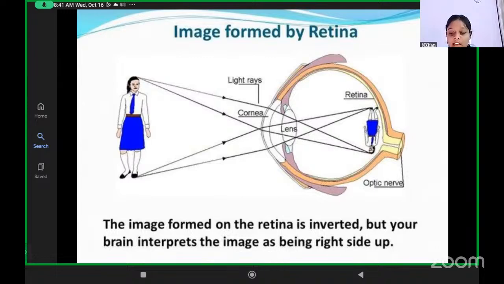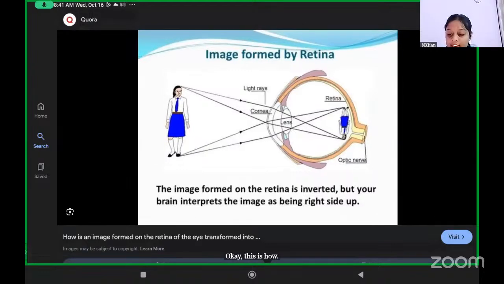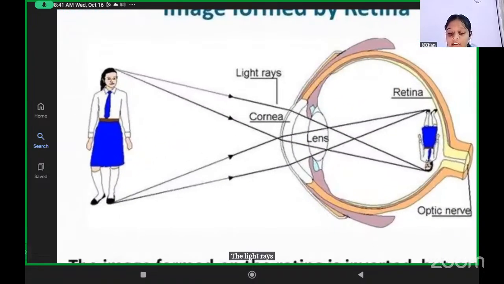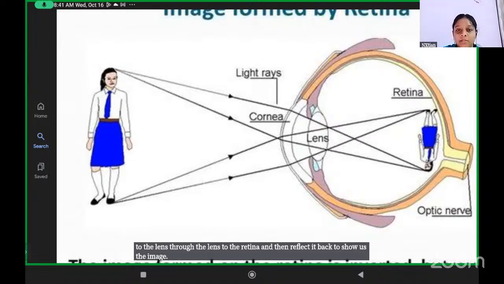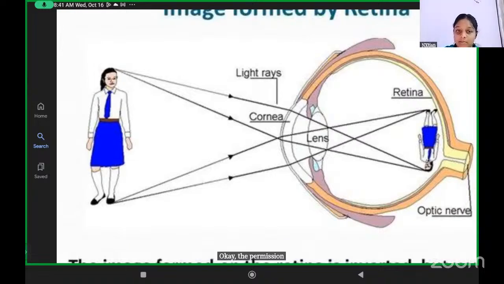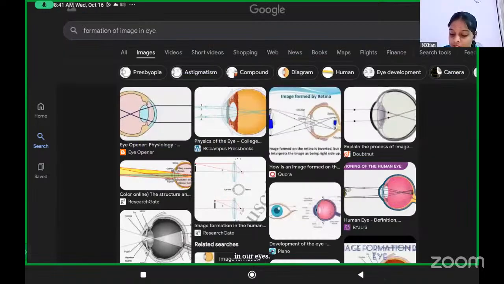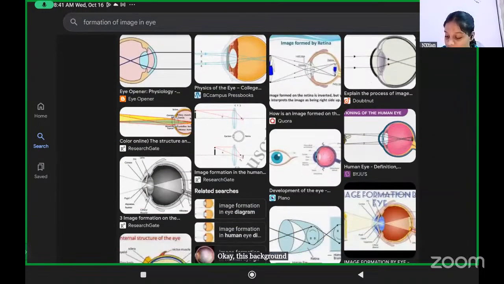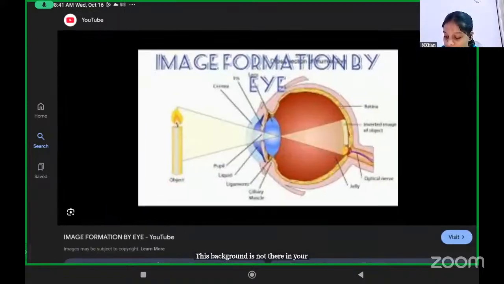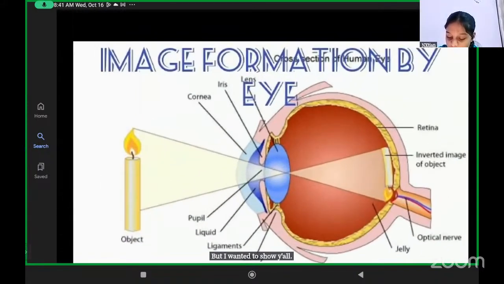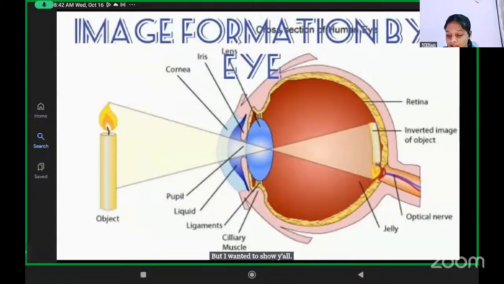This is how the light rays pass through the lens to the retina to show us the image. This diagram is not in your book, but I wanted to show you how it takes place.